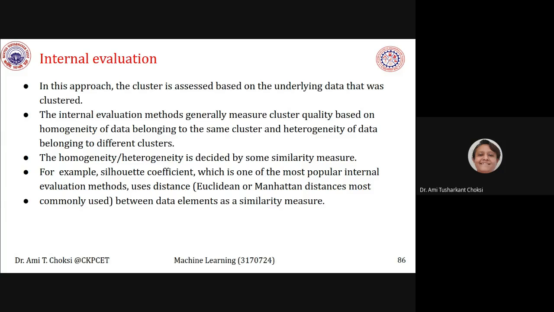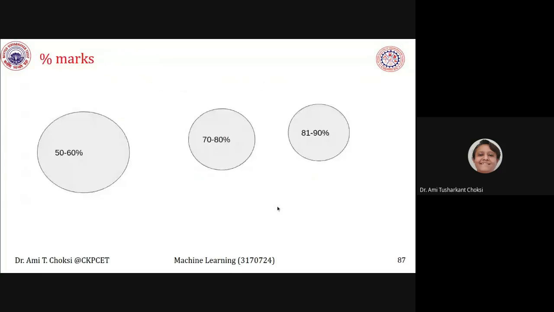To find the distance between 2 points, we are using it as under root of (x1 minus x2) square plus (y1 minus y2) square, right? That you can visualize. Okay, so Euclidean distance or Manhattan distance or many other types of distance equations are available that commonly we use between the data elements as a similarity measure, right?